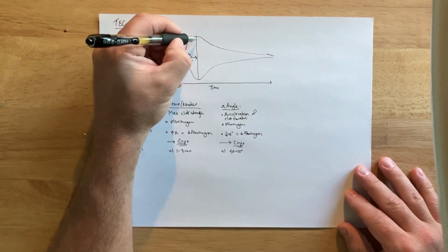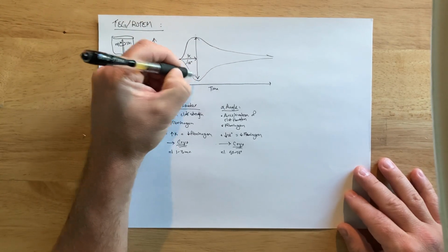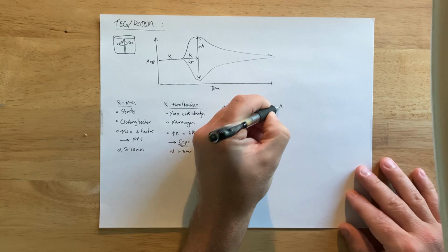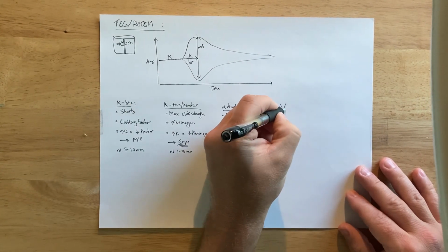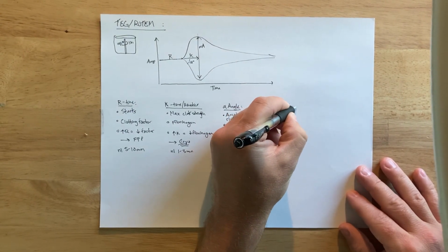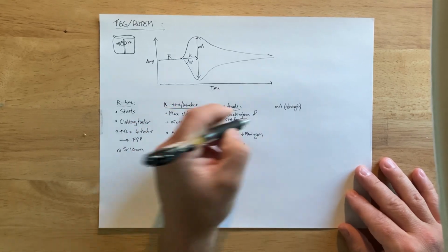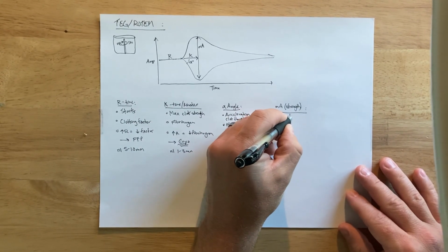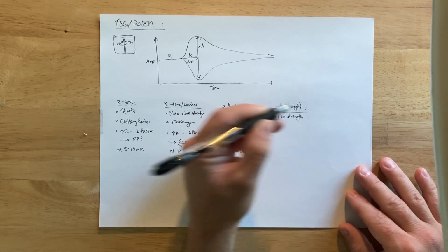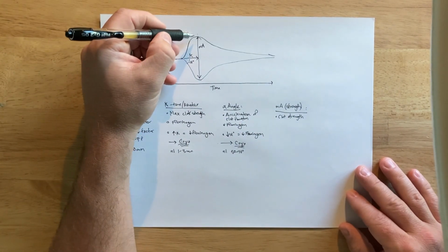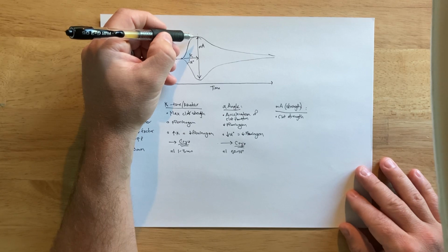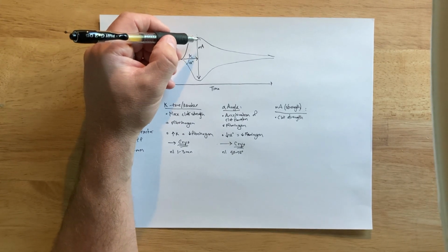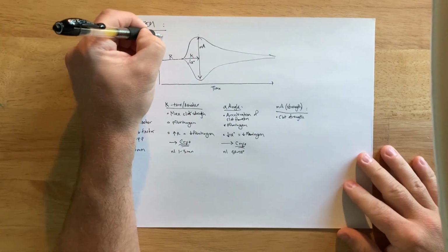Next is what's called the maximum amplitude. Okay, this is a measurement of strength. So this is clot strength. The point at which the clot formation, or at least the process of clotting, is now less than the process of fibrinolysis.